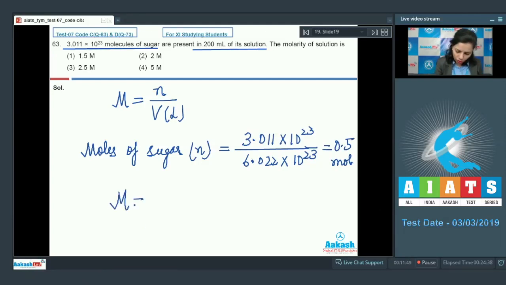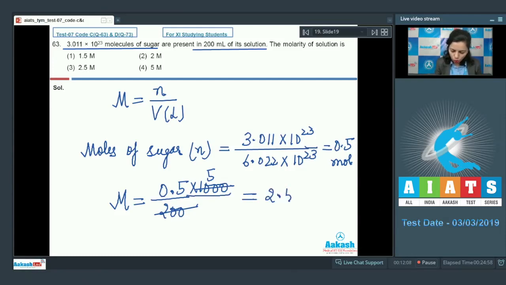Simply the molarity would be moles of the solute present in the solution divided by the total volume occupied by the solution. So that is 200 divided by 1000. So this 1000 will come here. And this becomes 5. And the molarity would be 2.5 M. This 2.5 M is given here in option 3. So just choose option 3 as your correct option.